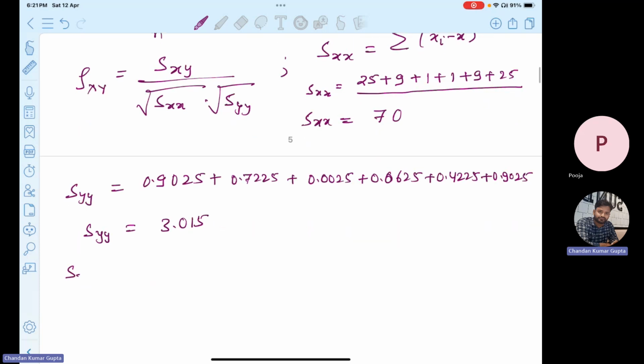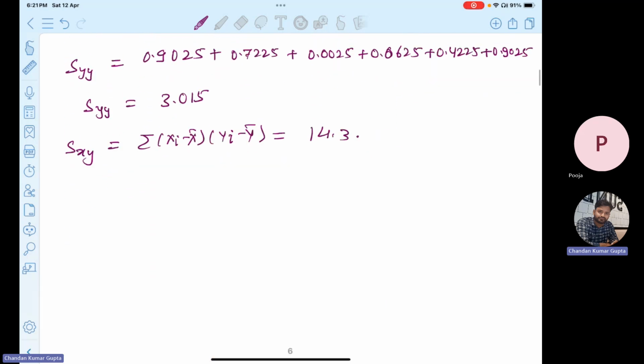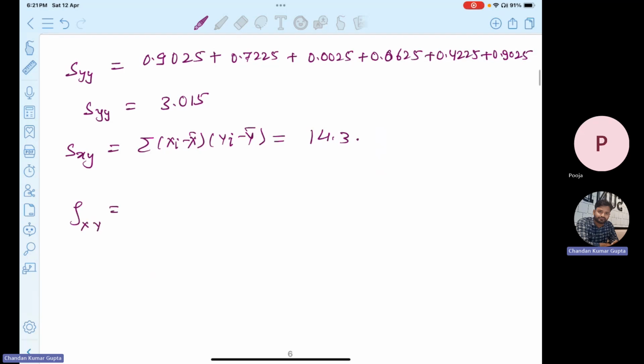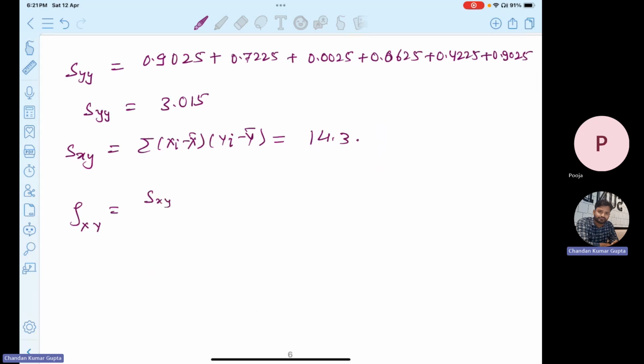And again, the last one, Sxy, which is the summation over xi minus x bar and yi minus y bar. Once you simplify these as well, you will find 14.3. Okay, so let's calculate rho xy, the correlation coefficient between the random variables x and y, which is Sxy divided by Sxx times Syy, to the power half.